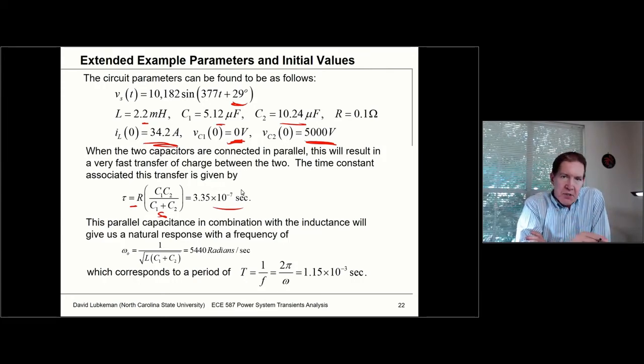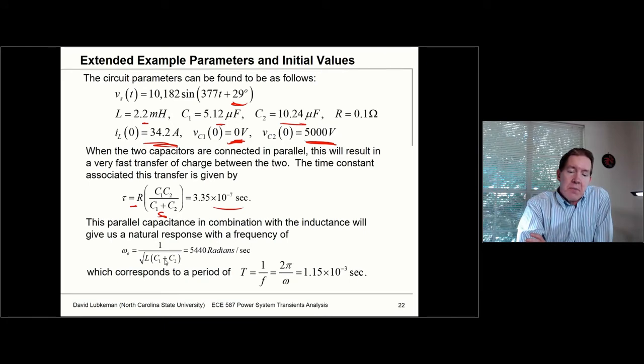Once that transfer of charge has occurred, then what you have is kind of a second oscillation, which is due to the interaction between the inductance in the transformer and the two capacitors in parallel. Remember, capacitors add in parallel.